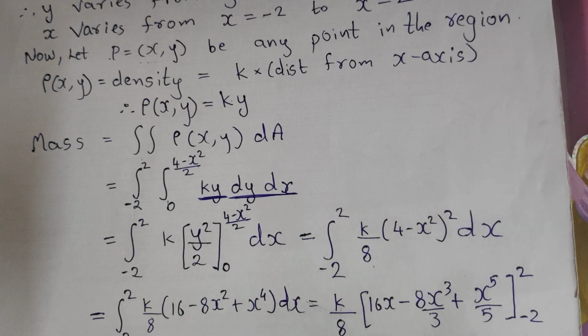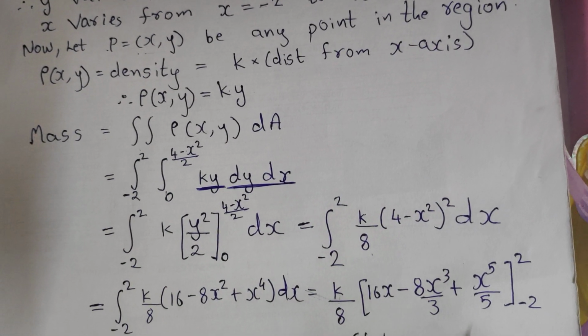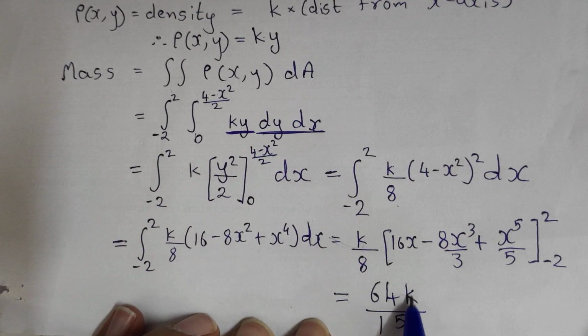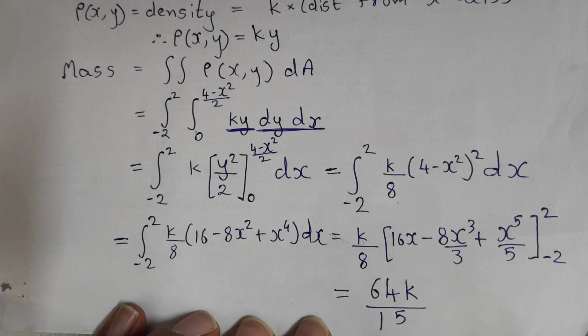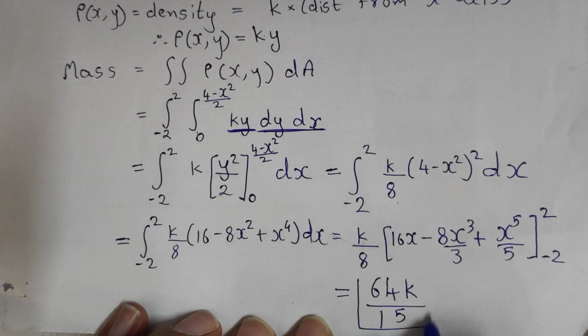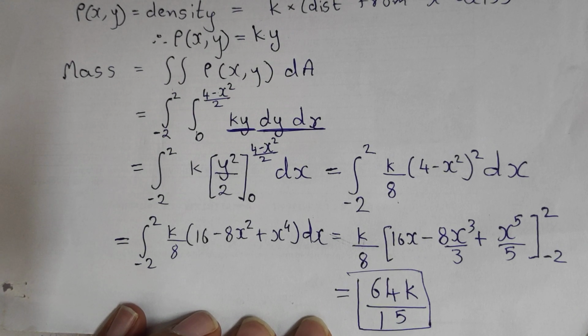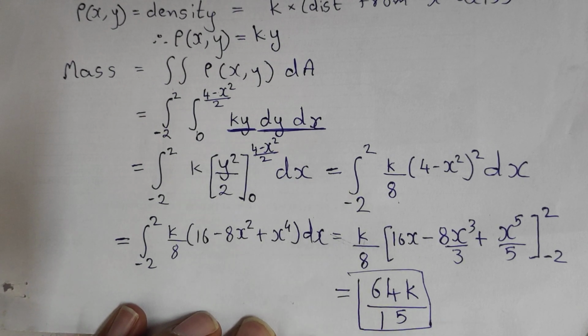On substituting the limits and simplifying, we get the value 4k by 15. So this is the mass of the region that we had drawn.